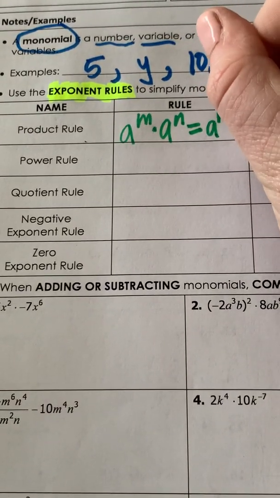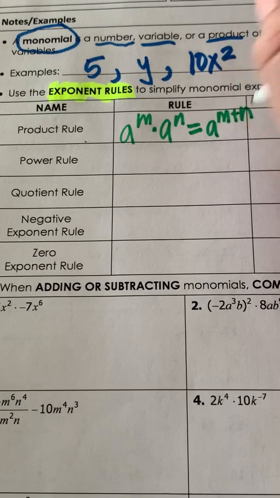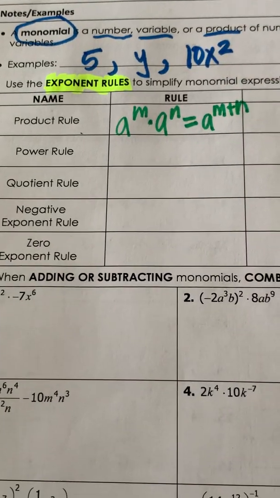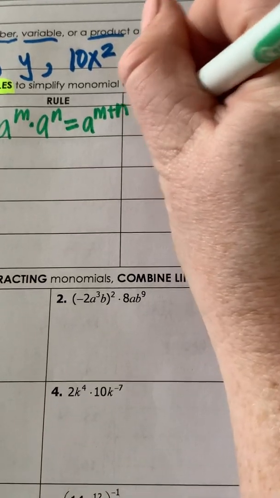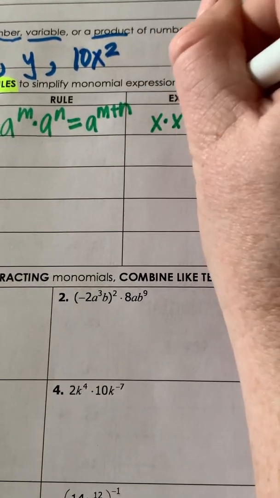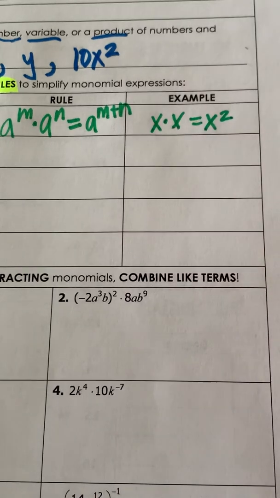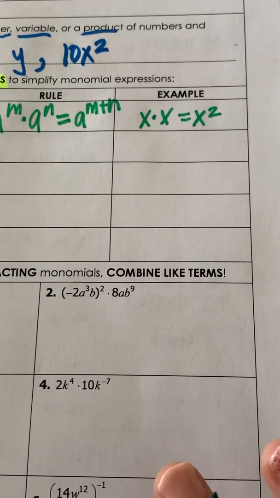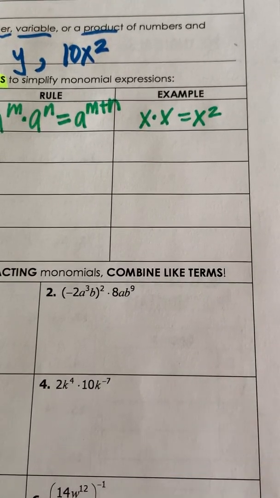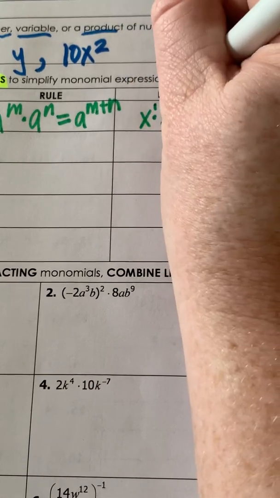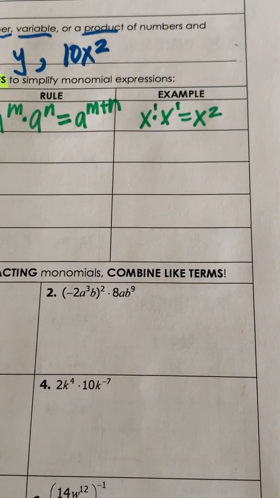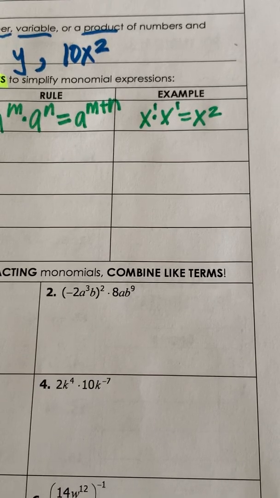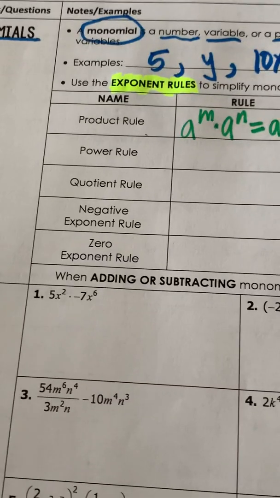So it'd be a to the m plus n. You add the exponents. And one example we know well is x times x equals x squared. We all know that. We've been doing that. But why is that? Because this is really x to the first and x to the first. So if we add those together, that'll give you x squared. Okay, that's a product rule.